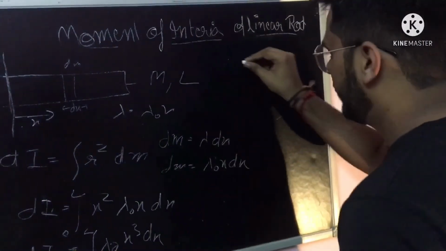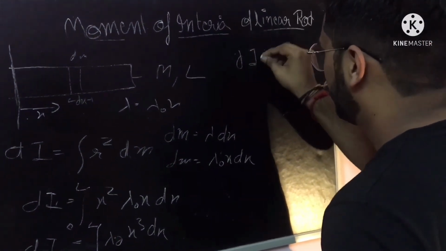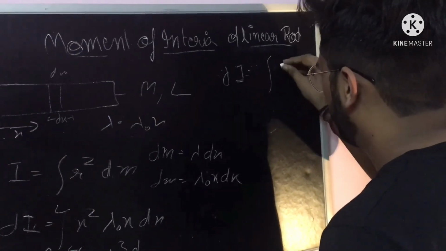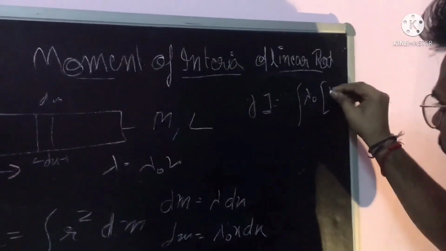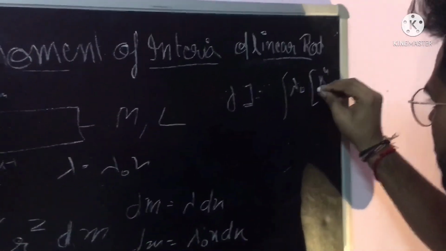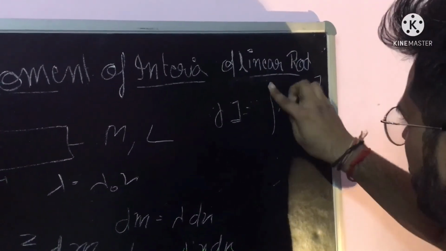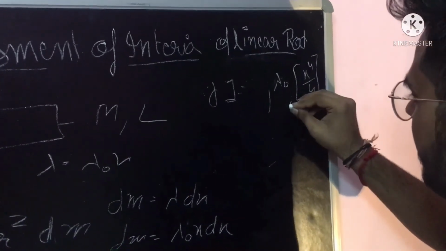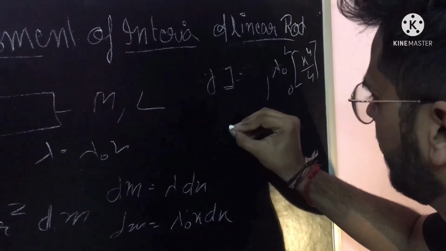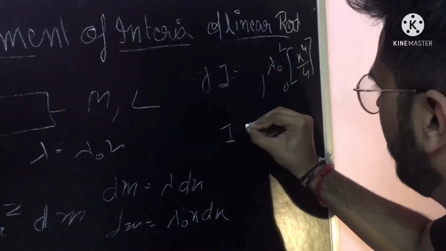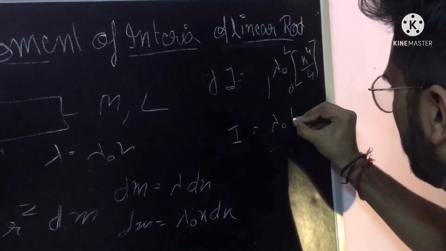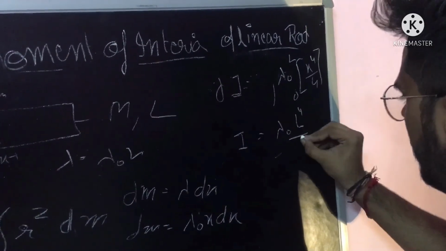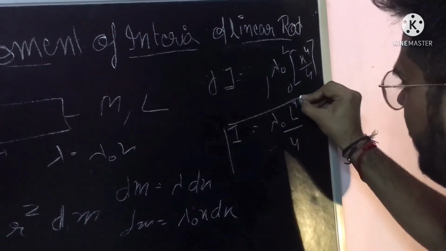Now we will integrate it to find the final moment of inertia. We will put its limit from 0 to L. Then the moment of inertia comes out to be this, and this will be our final answer.